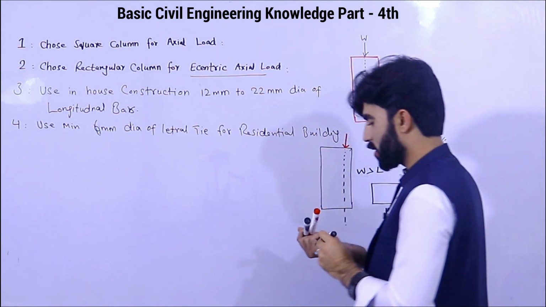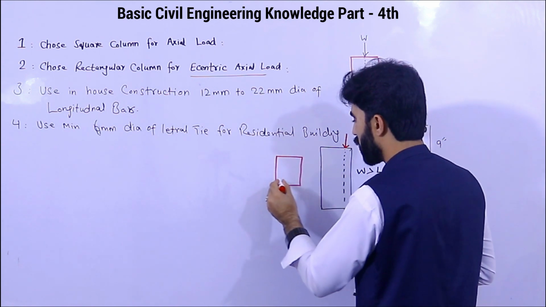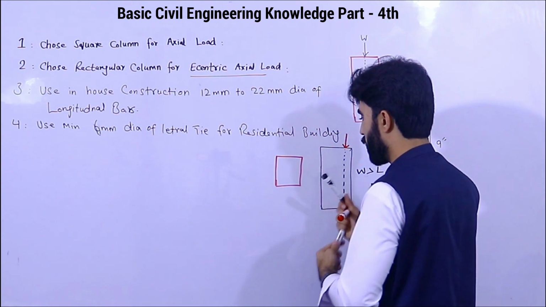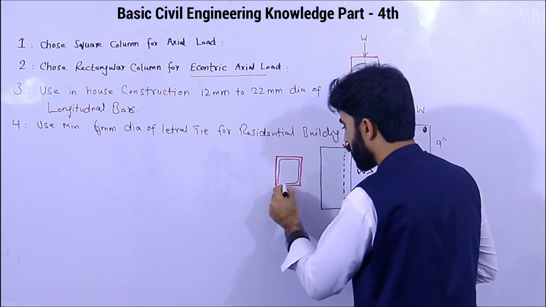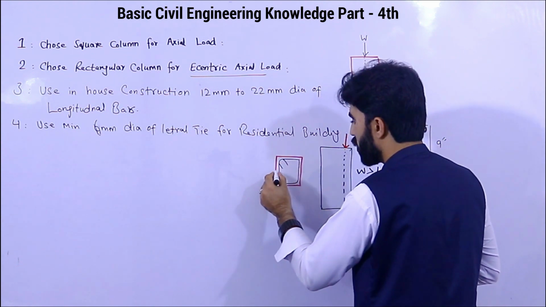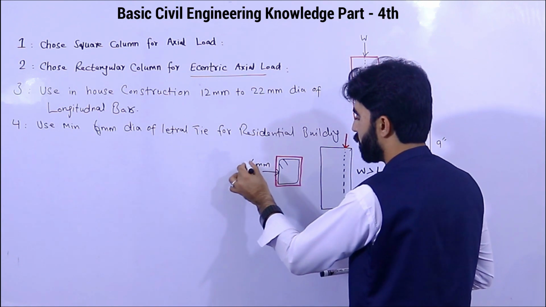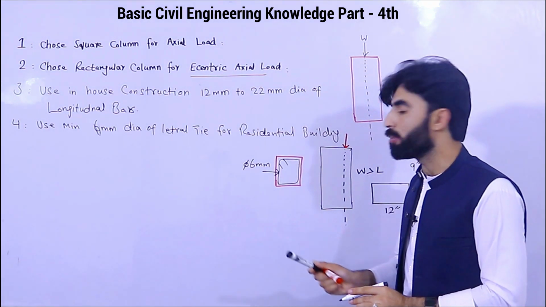Suppose this is a column, and here guys you can see this is the lateral tie. So this lateral tie dia should not be less than 6 mm for residential building. It should not be less than 6 mm.